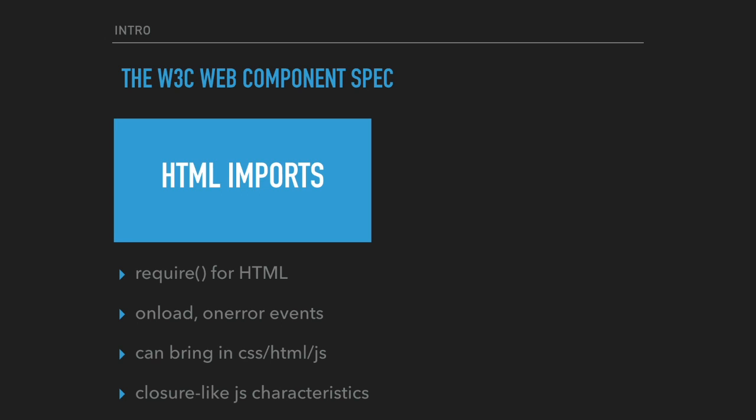We're also going to see that HTML imports bring along some closure-like JavaScript characteristics, whereby scripts that are run in the HTML being imported can access the parent application doing the importing, but not the other way around.